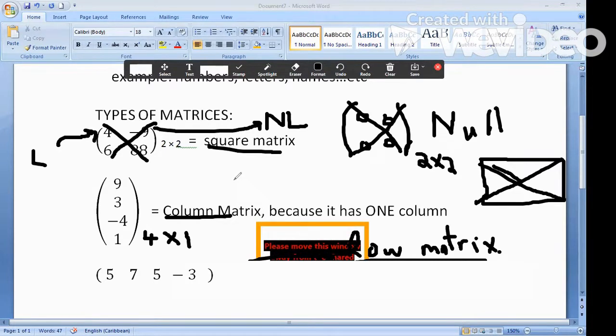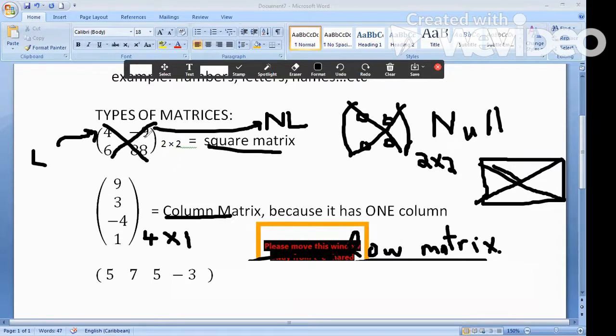You get that? Let me say it again. Each square matrix, if you make a cross in it, has something called diagonals. The cross that drops to the left is called the leading diagonal. So 4 and 88, that is the leading diagonal.